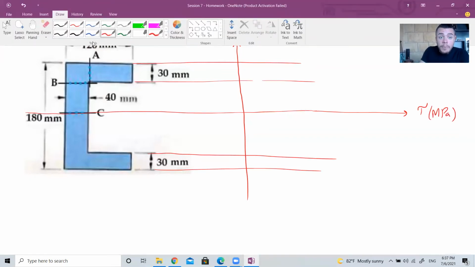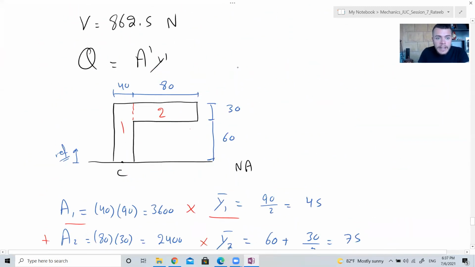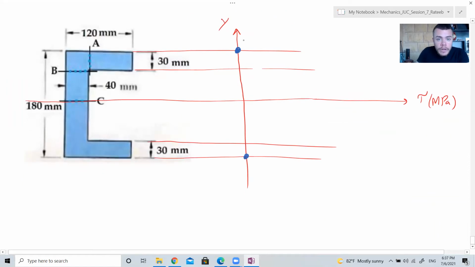At point A, you have 0. And at this point, you also have 0. At point B, we found it before: for plus it's 0.0415, for minus it's 0.1244. So this is 0.0415, and here you have a jump. Remember I told you we have a jump when there is a discontinuity. How do we get there, a straight line or a parabola?